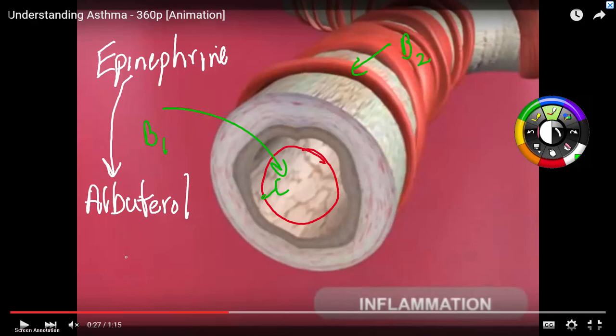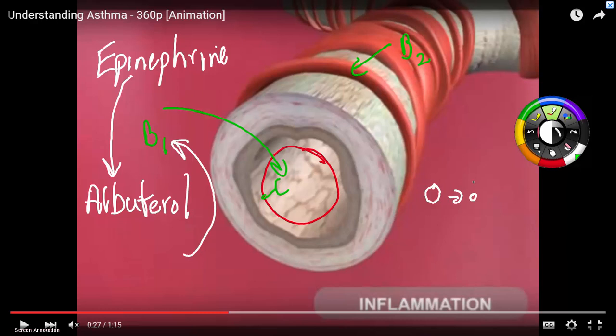Albuterol stimulates beta receptors. Where you got beta receptors? Well, all over, but you were talking about the lungs. So when albuterol binds to beta 1 receptors, and where you find those? In the blood vessels that make up the lining of the bronchioles. What does epinephrine do? Epinephrine causes massive arterial vasoconstriction.